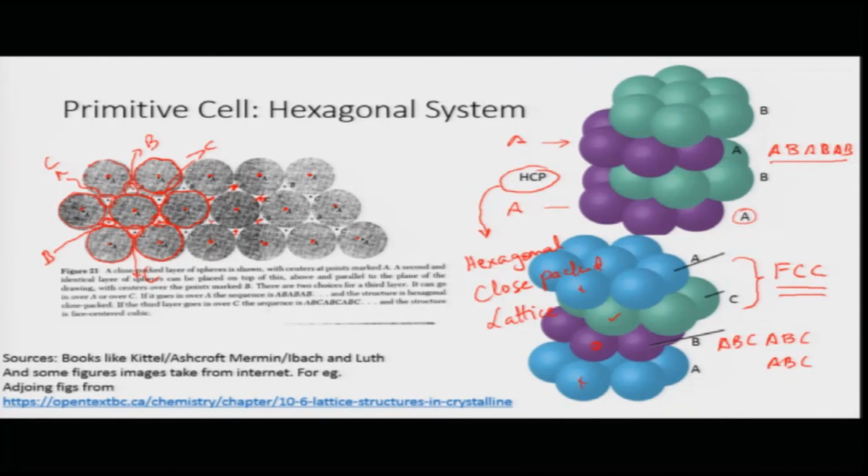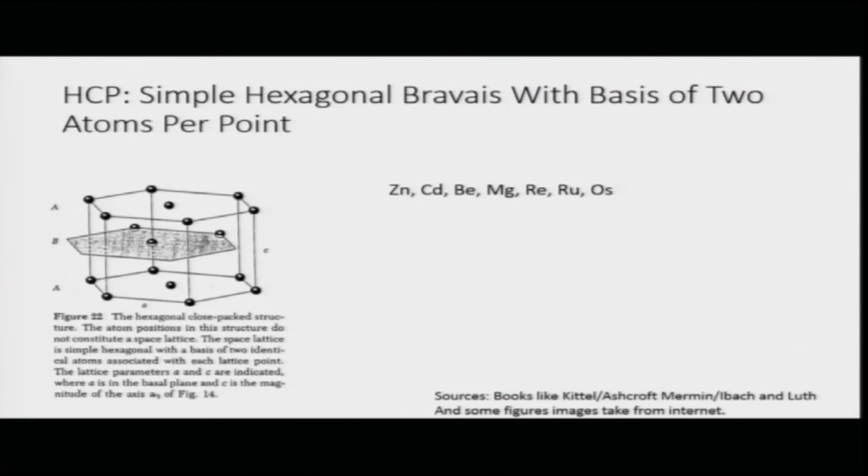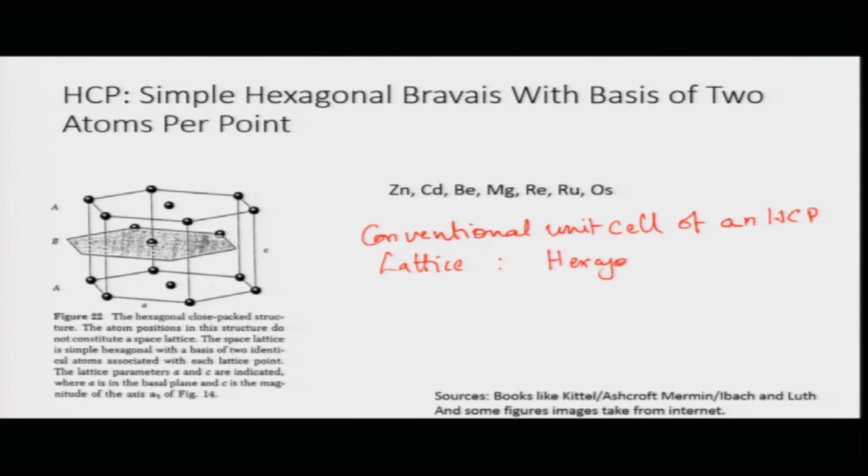So, the hexagonal close pack lattice can be actually described by a conventional unit cell of an HCP lattice, which is nothing else but the hexagonal Bravais lattice, this hexagonal structure with AAA type of stacking, but it now has an additional layer in between.